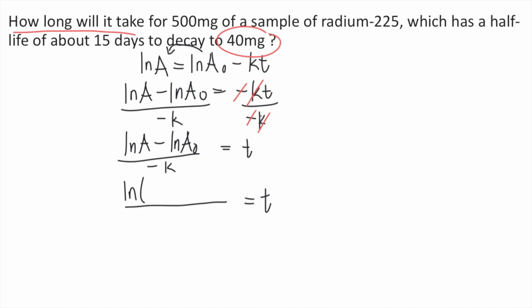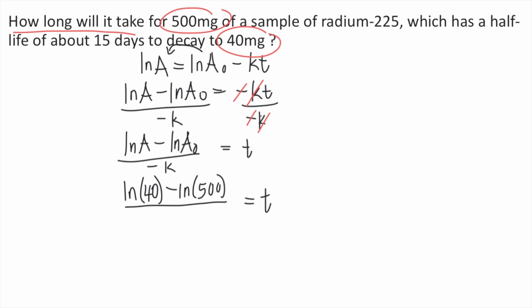So that's ln of 40 minus A sub 0 is the initial amount. So in the problem, our initial amount is 500 milligrams. So that's ln of 500 divided by negative K.